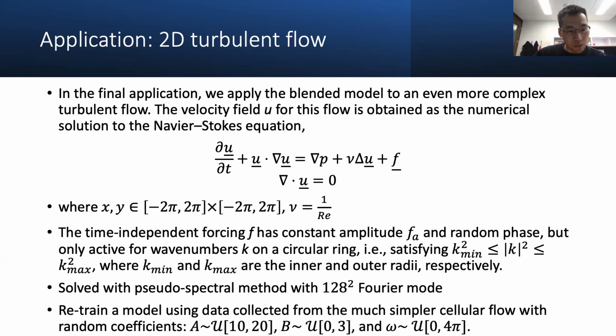They retrained the model, still from the cellular flow case, but with a smaller A range from 10 to 20. Previously, I think it was from 10 to 50. And they didn't really give a reason why. Probably they were trying to capture the smaller scales.